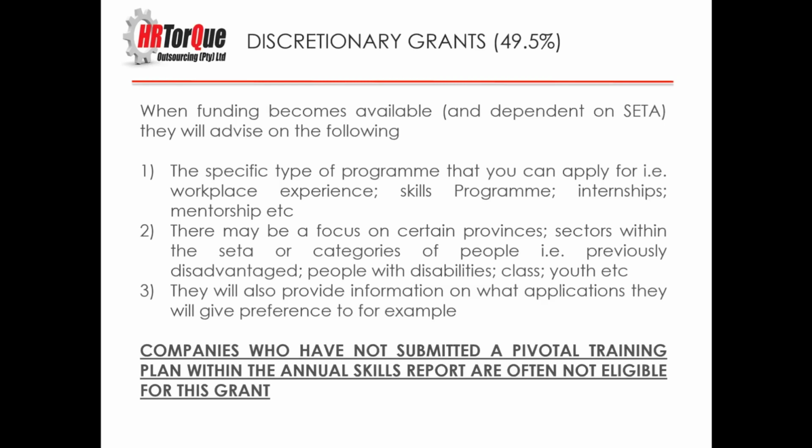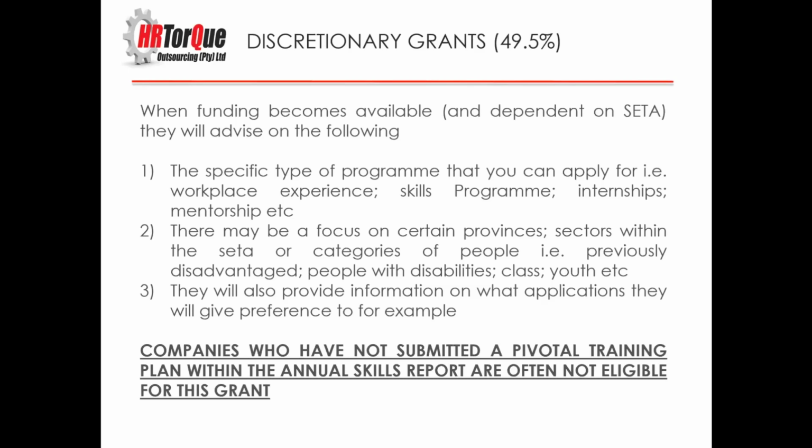So when discretionary funding becomes available, the specific programs will be aligned to that particular CETA. So if you're in chemical manufacturing, whatever it is, and you're actually supposed to be, I don't know, in hospitality, I would highly recommend that you look at changing. Okay.